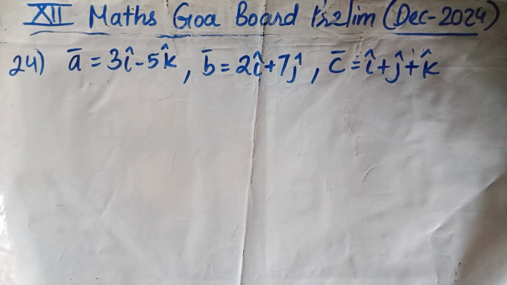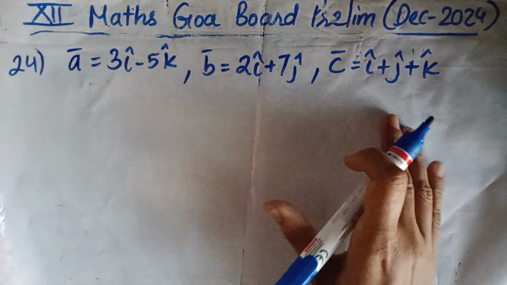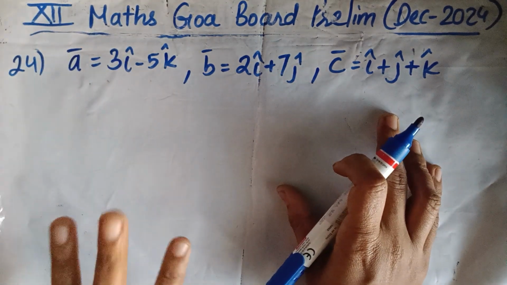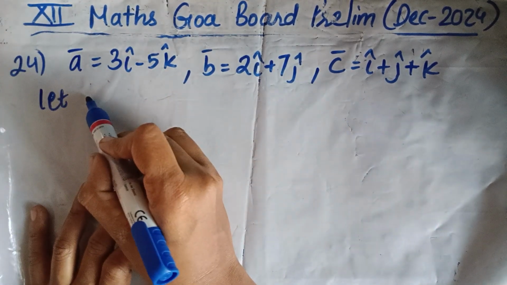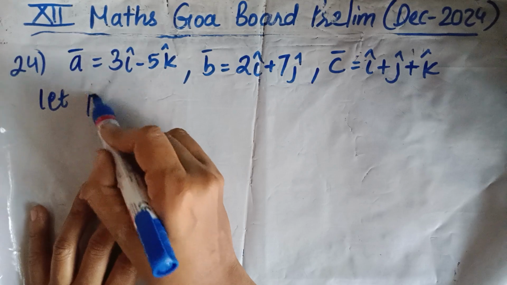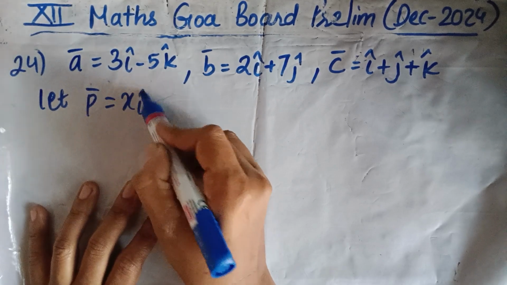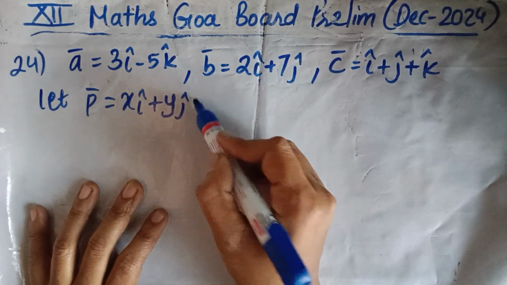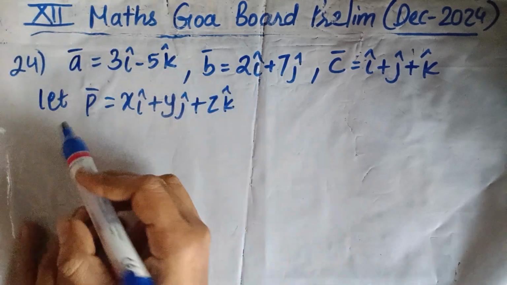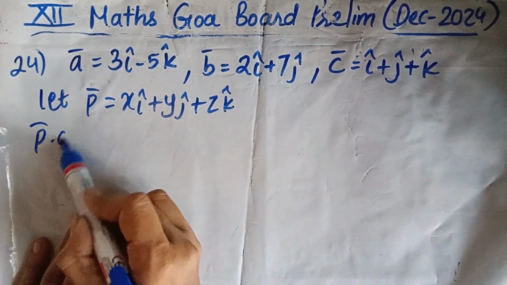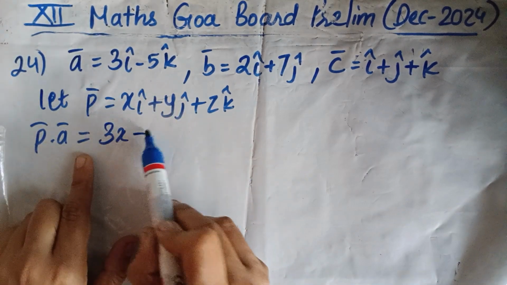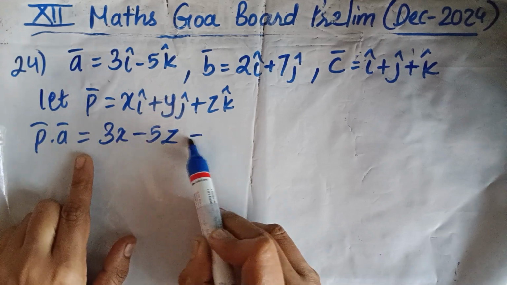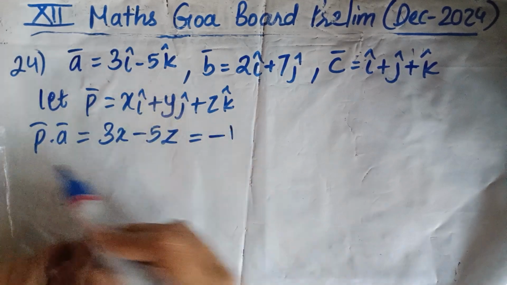Next question, they have given the dot product of a vector with these three vectors. Let that vector be some, say, p vector, xi plus yj plus zk. So p dot a is 3x minus 5z, it is given, equal to -1.